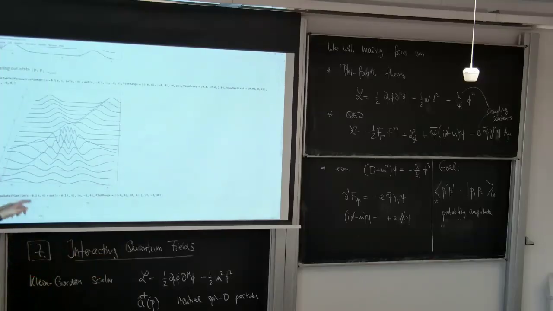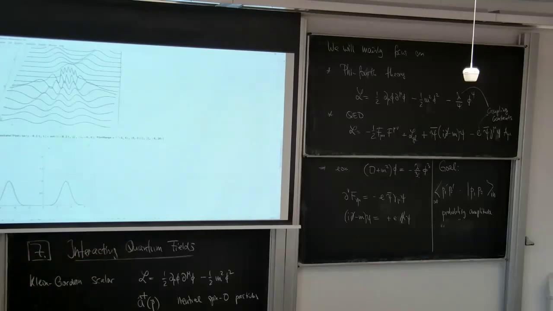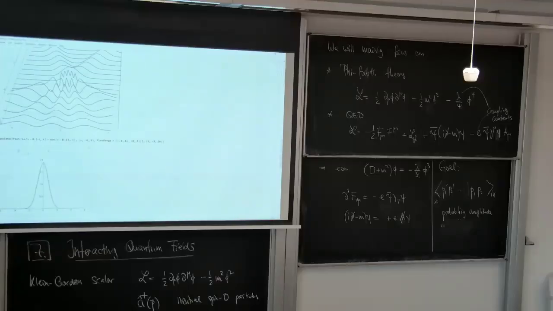You have to prepare this state as an in state, this mess, and then if you scatter this, then this comes out. This is the unlikely thing.